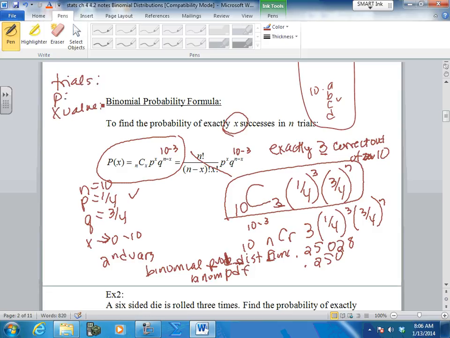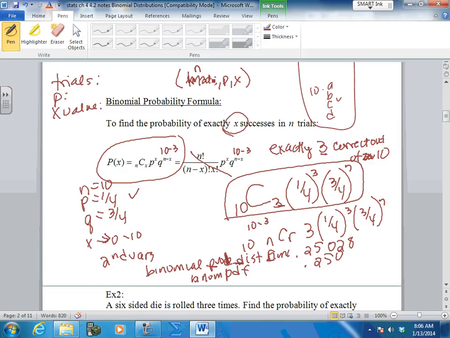If you don't, it's going to go in that same order: trials, p, x. This is how I remember it: n is my trials, and they're in alphabetical order, n, p, x.